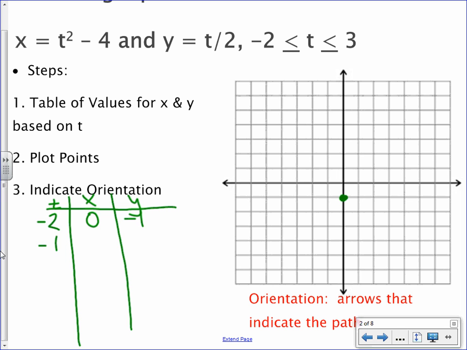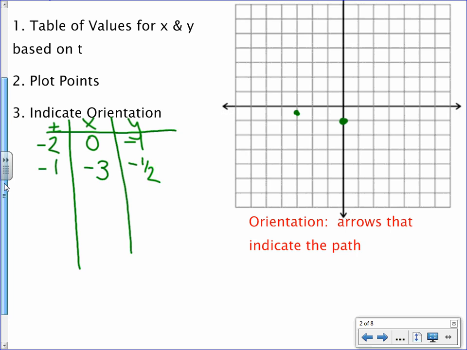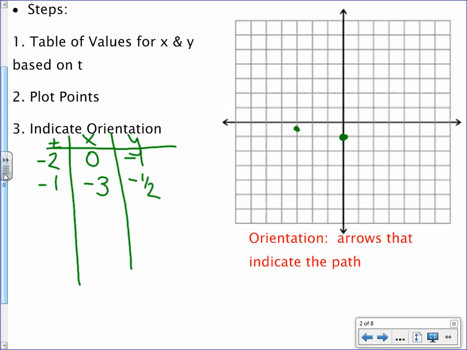Okay, let's increase our t value. Let's try t is -1. When t is -1, what do we get for x? -3. When we plug -1 in for t, what do we get for y? -1/2. So (-3, -1/2). How about t is 0?